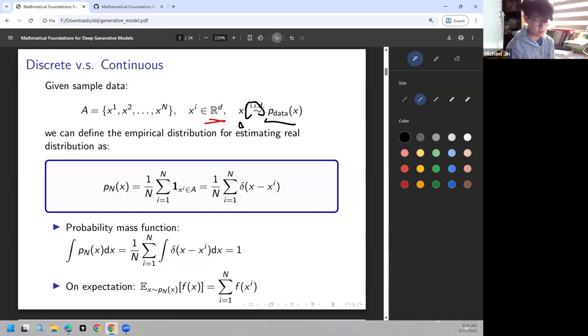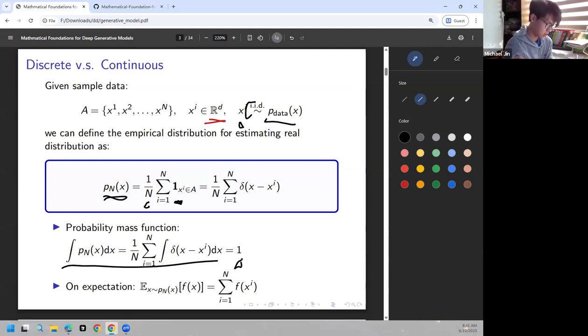So from these samples, we can define the empirical distribution for estimating the real distribution. This is a discrete one, or a probability mass function, defined such that for every position, if it is in the data set we write it as one, otherwise it is zero. Because we have capital N samples, we have a coefficient of 1 over capital N, so that when we sum over all samples we get 1, ensuring it is a probability mass function.